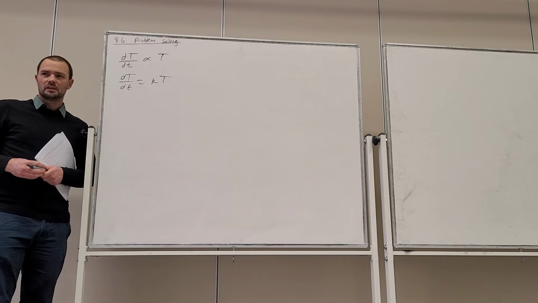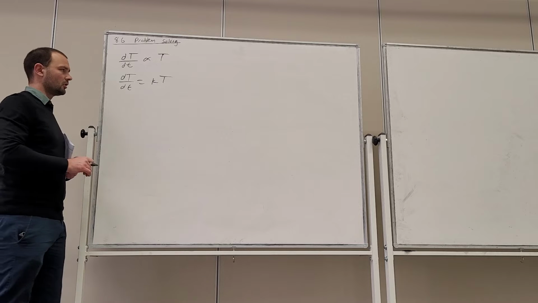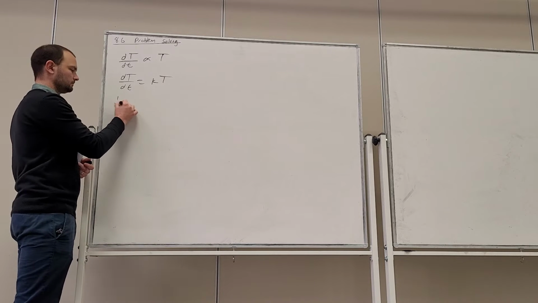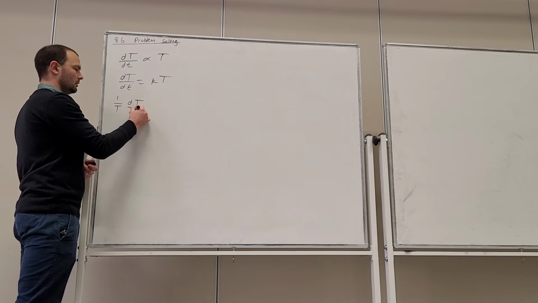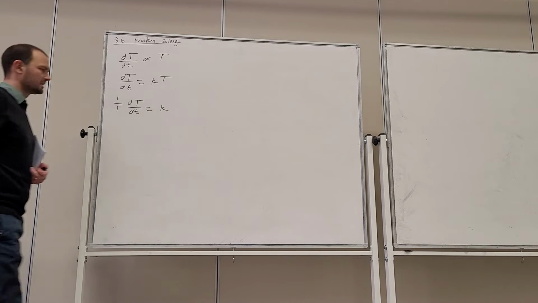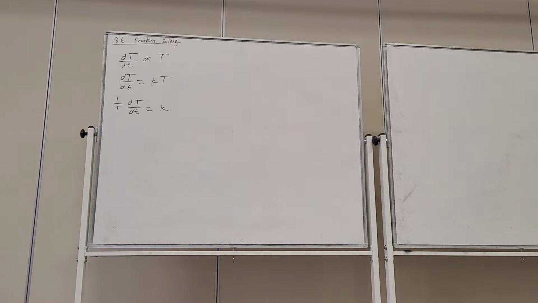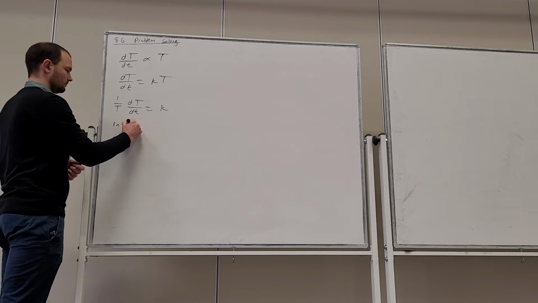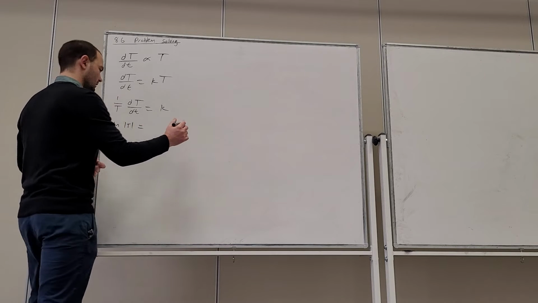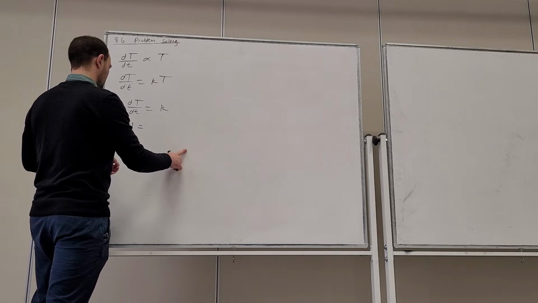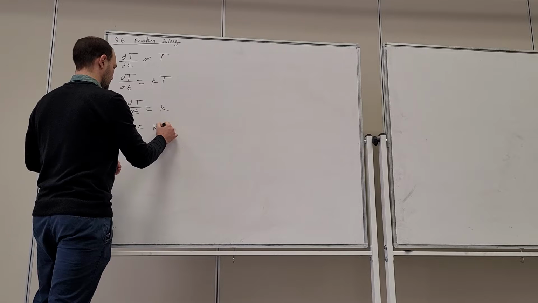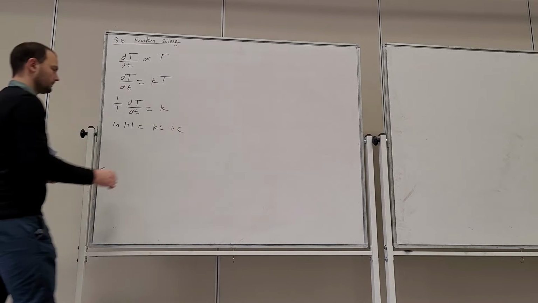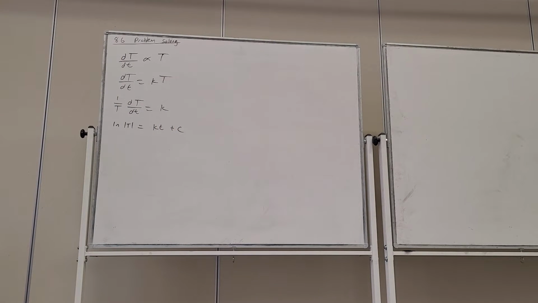So what we want to do is solve for T. So I'm going to divide both sides by T. So we'll have 1 on T and then dT on dt. And then we will integrate both sides with regards to t. What are we going to have here? kt plus C. We'll put e to the power of both sides.